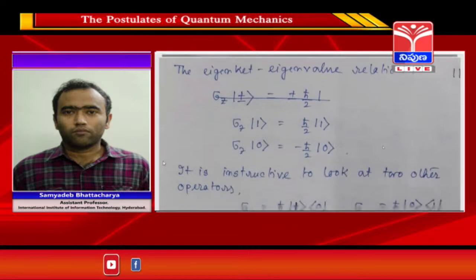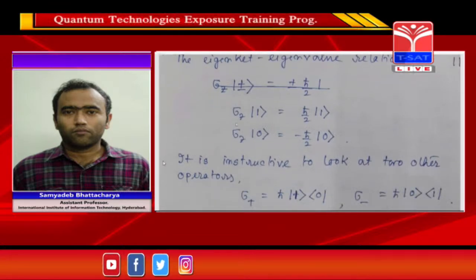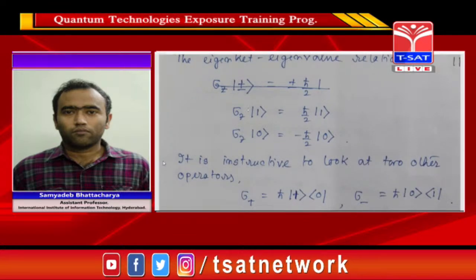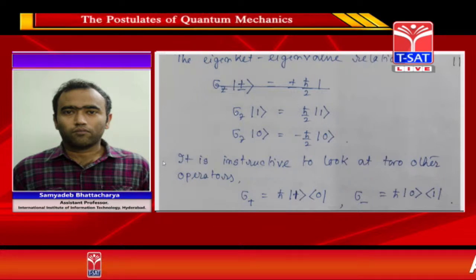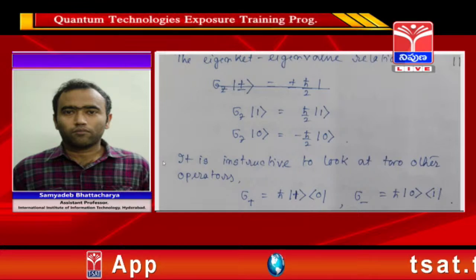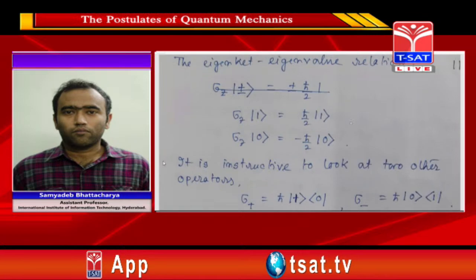So these are the eigenket relations. Since this is an eigenvalue equation, |1> and |0> are the eigenkets of sigma z. If we apply sigma z over |1> or |0>, we get the eigenvalues back, 1 and minus 1.